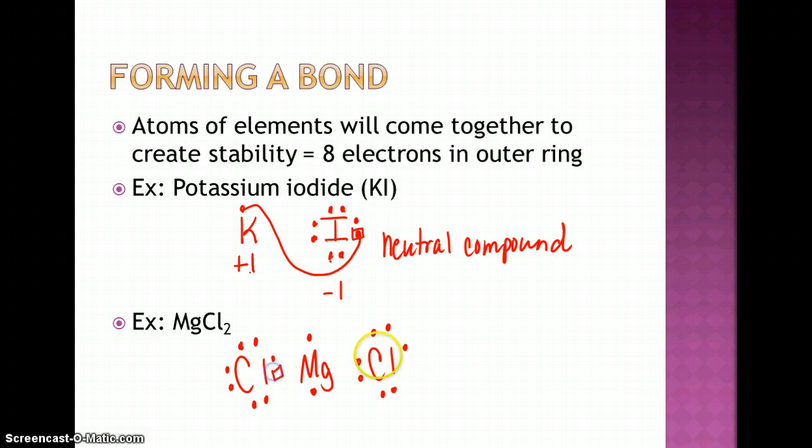So each Cl has 1 empty space, for one of magnesium's electrons and the other one of magnesium's electrons. So gaining 1 electron, each Cl will become negatively charged. Magnesium, on the other hand, will lose 2 electrons to have a positive 2 charge.